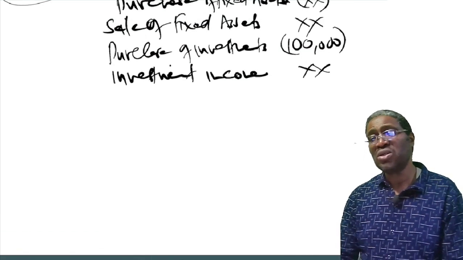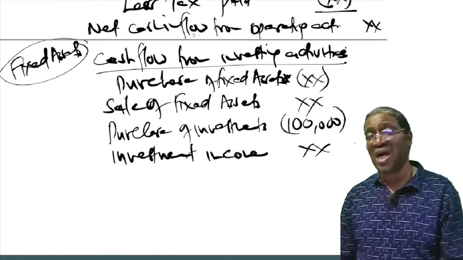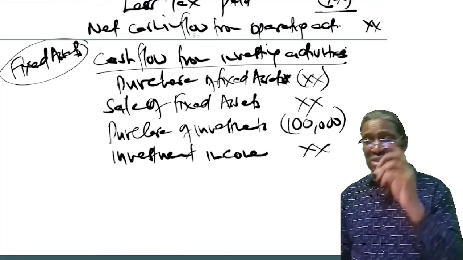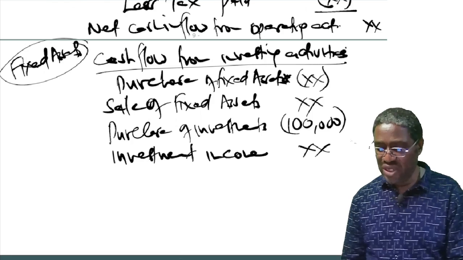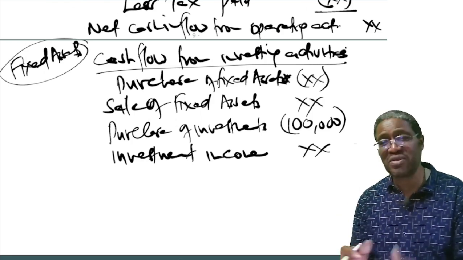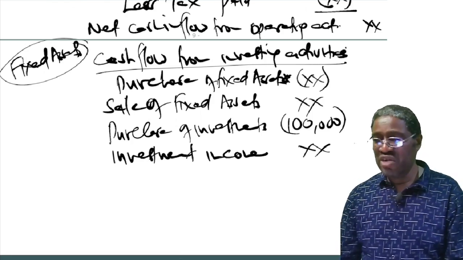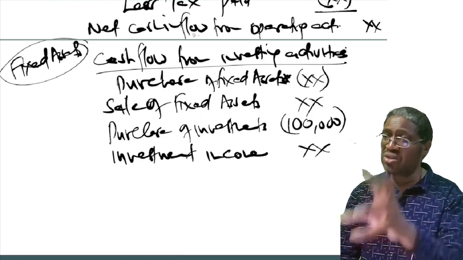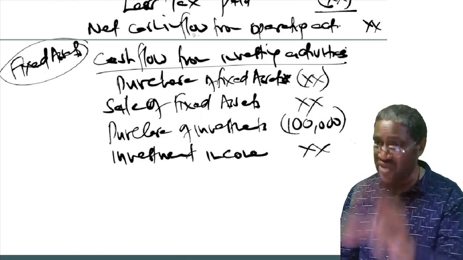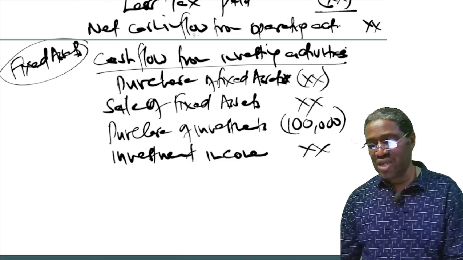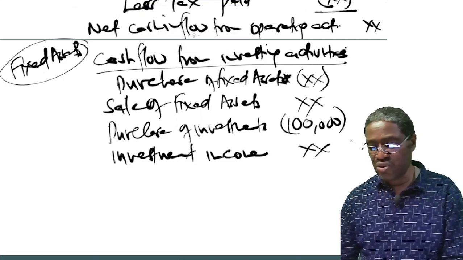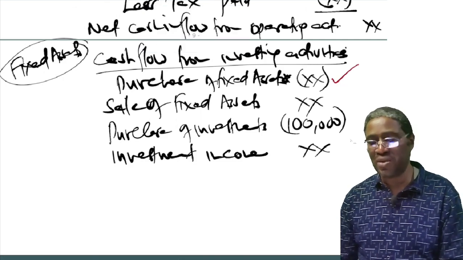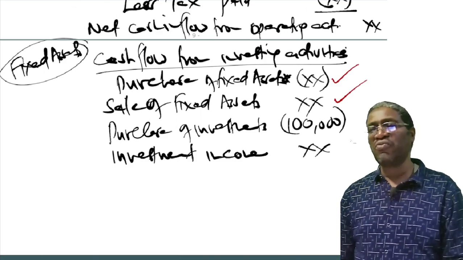So let's go back now. We're still discussing the investing activities. Let's get the totals for now. Listen to me. I've said investing activities are those transactions that affect fixed assets. Examples are purchase of fixed assets, motor vehicle, furniture, sale of motor vehicle or furniture.